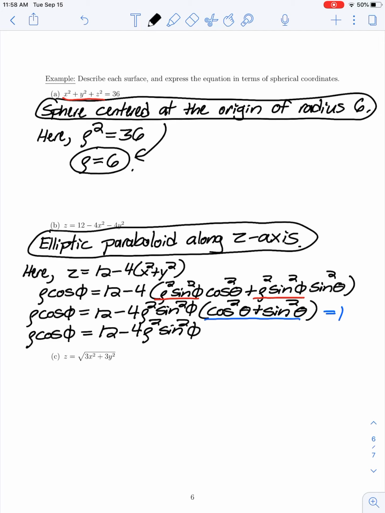Or if we care to rewrite this just a little bit, we might rewrite this so that all of our variables are, say, on one side. We would have rho cosine phi plus 4 rho squared sine squared phi is equal to 12.